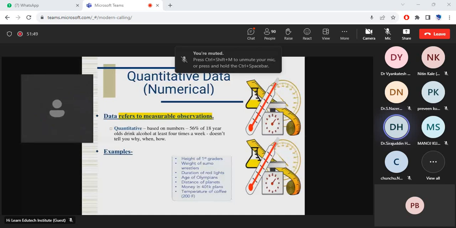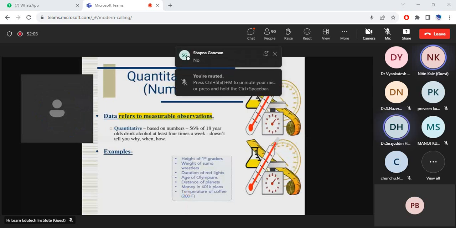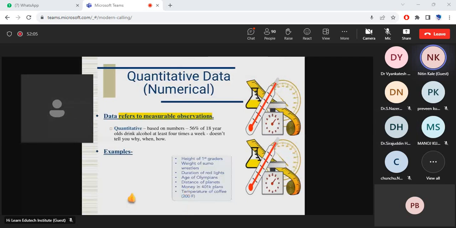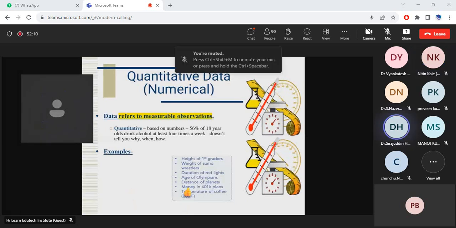Dr. Venkatesh, sir. Dear participants, am I audible? Yes, you are audible, sir, but I can't hear Venkatesh, sir. He is still there. The temperature was so cool, but it is so hot there nowadays.